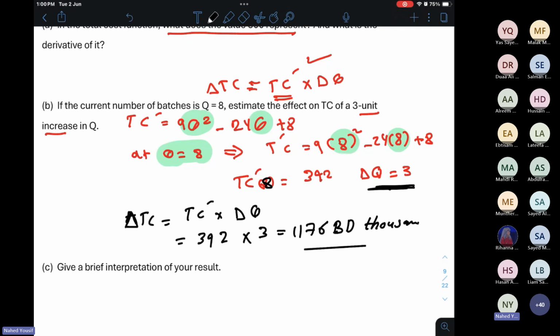So there is an increase because delta Q is 3.